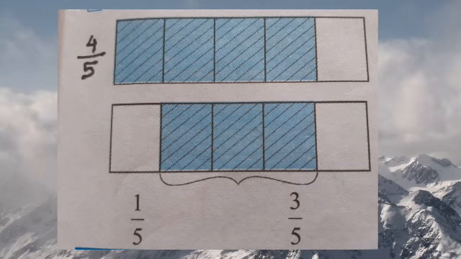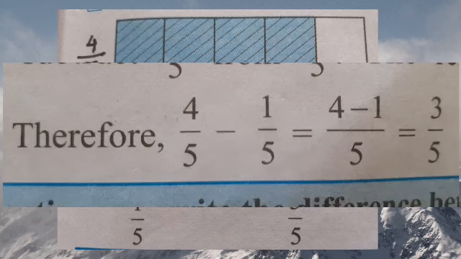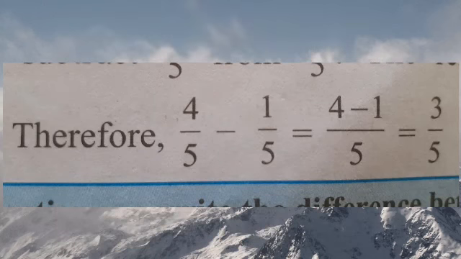Now we remove the color from one of the colored parts. That is, we subtract 1 by 5 from 4 by 5. So the remaining colored part is, if you count, 1, 2 and 3. 3 by 5. Therefore, 4 by 5 minus 1 by 5 is equal to 4 minus 1 by 5, which is equal to 3 by 5.